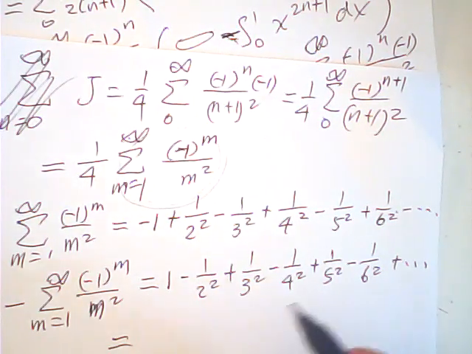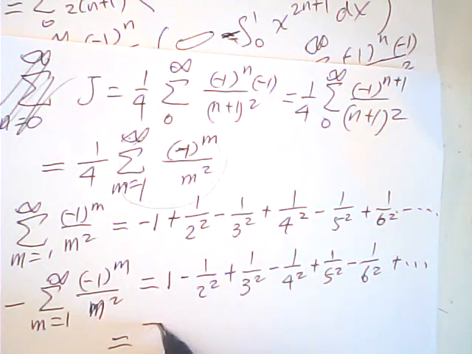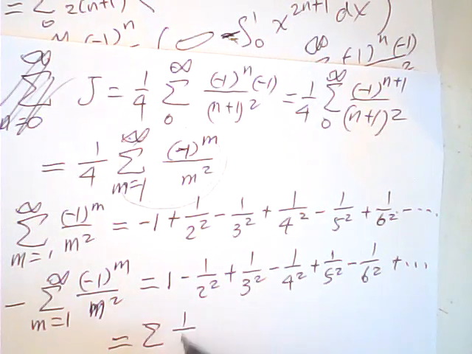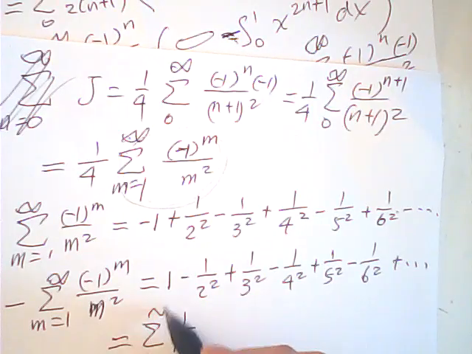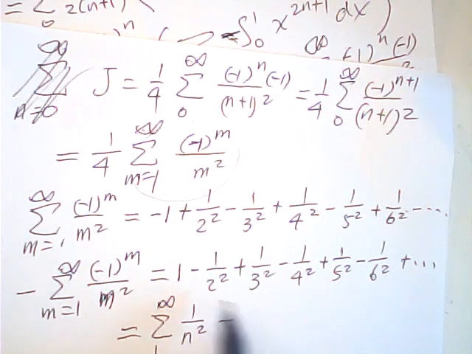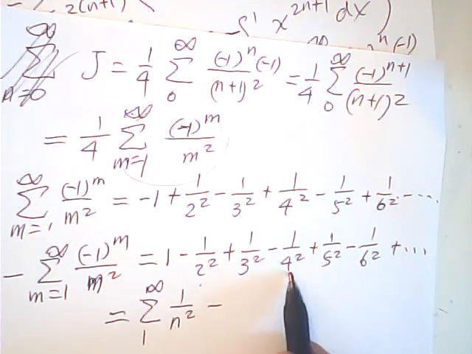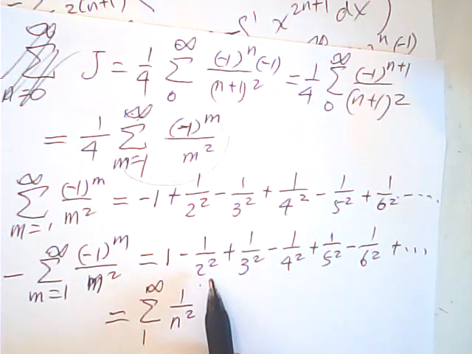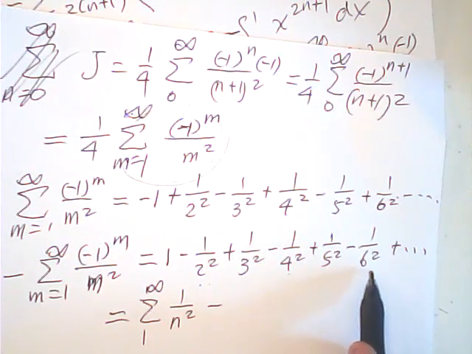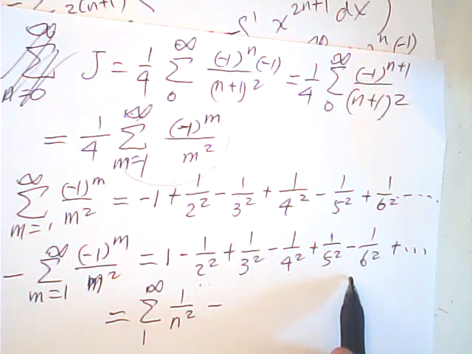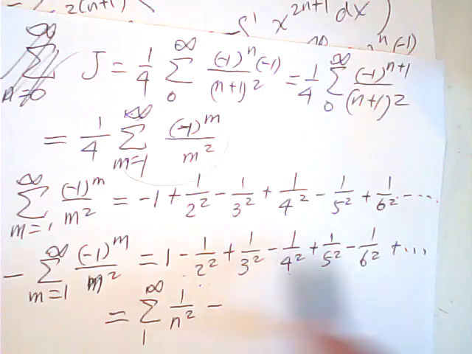This one is this. Take away those reciprocal of odd numbers, and take a 1 is not enough. You have to take a 2, to make this alternating.